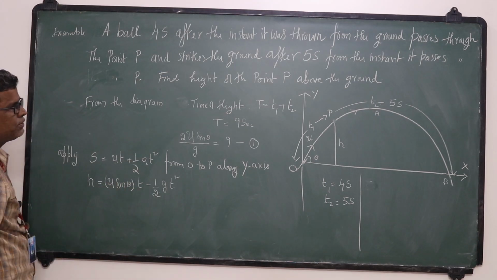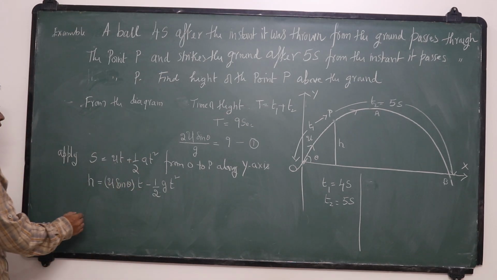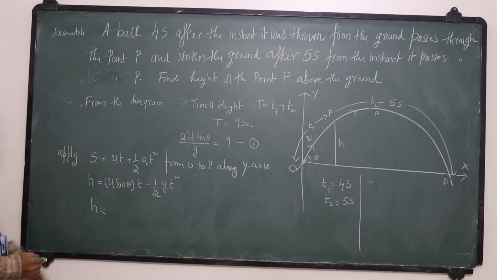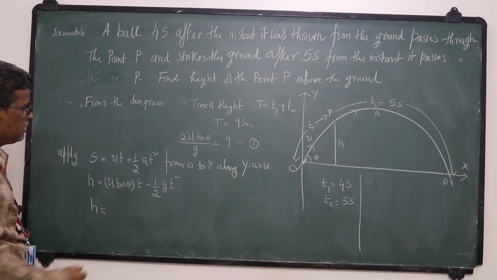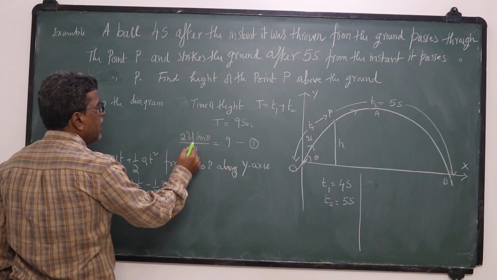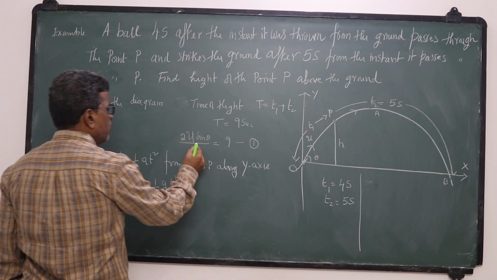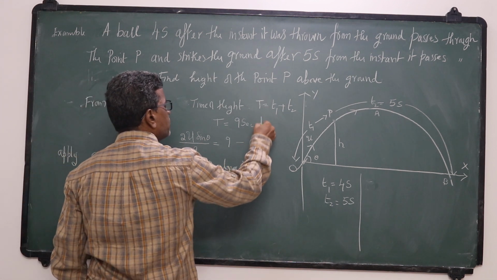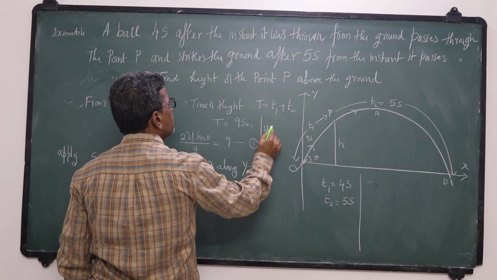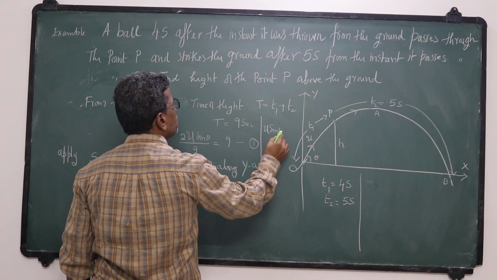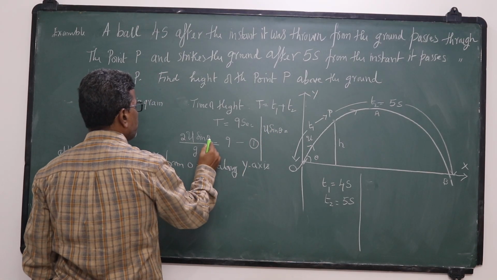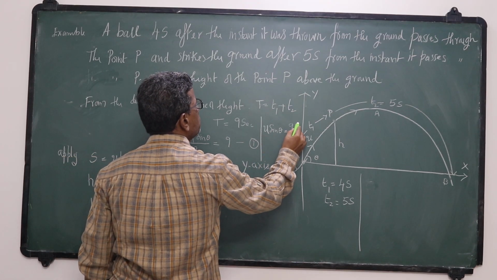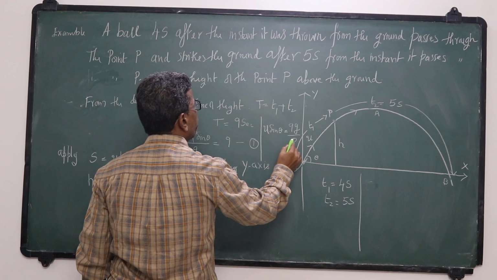Now I am substituting the values. I want h, the vertical height. From equation 1, u sine theta is 9g by 2.